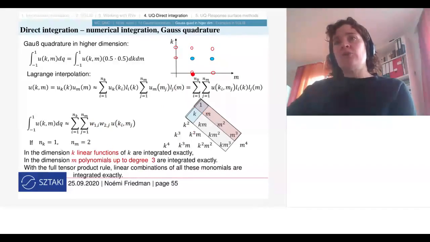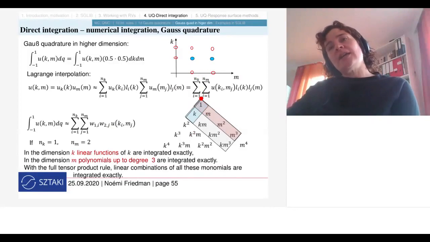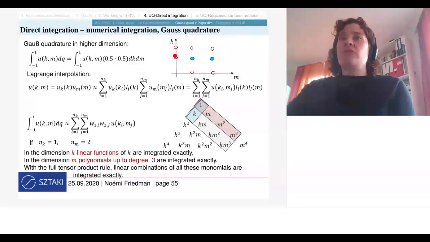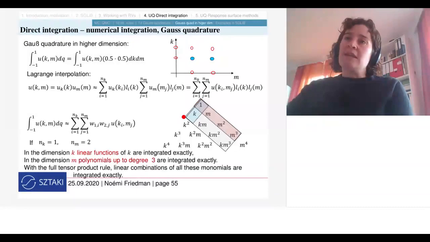If I have the 2-point rule in the m direction, then in this direction I can integrate everything exactly up to degree 3. If I have the 1-point rule in the k direction, I can integrate all polynomials up to degree 1 exactly. Now if I take the tensor product rule, I can integrate this tensor product exactly.